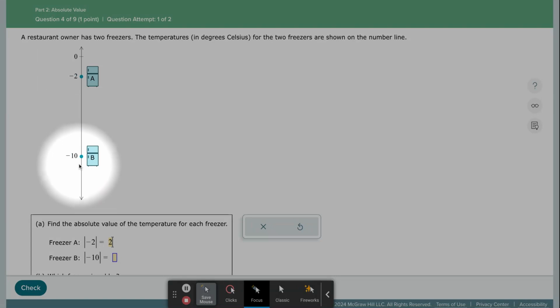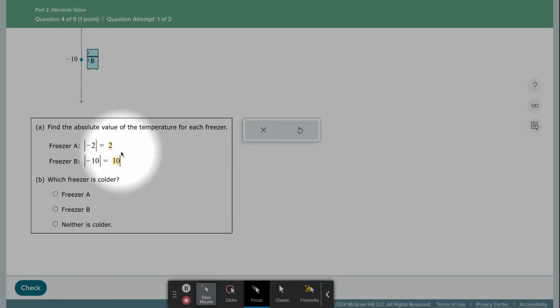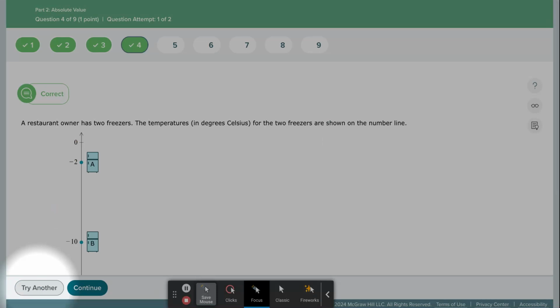We're going in the negative direction, but we're still 10 hops away. So the absolute value of -10 is 10. Okay, so which freezer is colder? You're basically saying which freezer has a higher absolute value. Which freezer's farther from 0? It's going to be freezer B, right? Much, much colder.